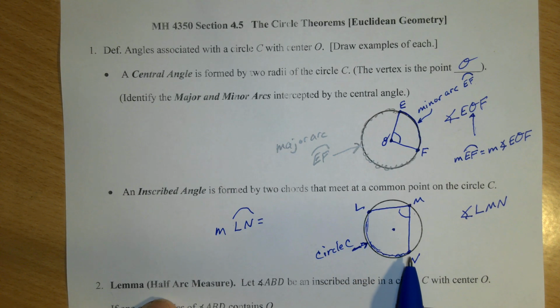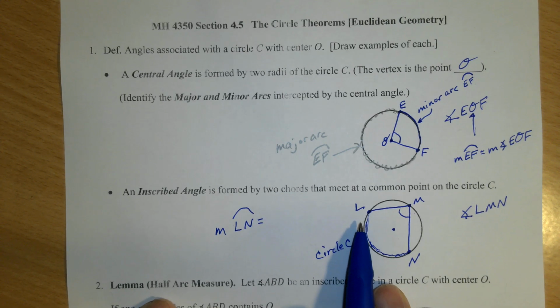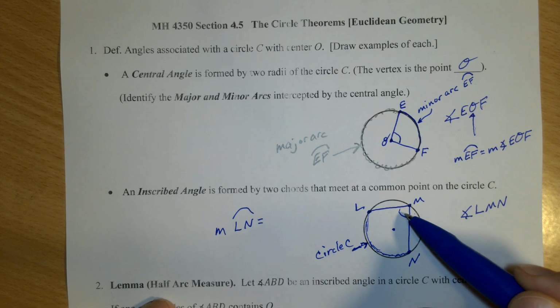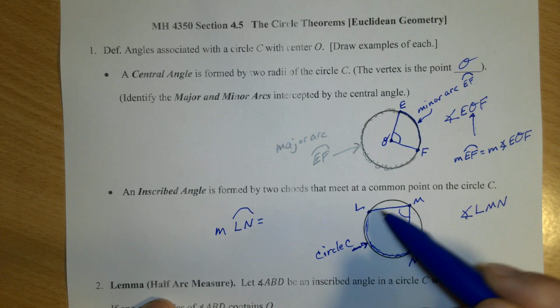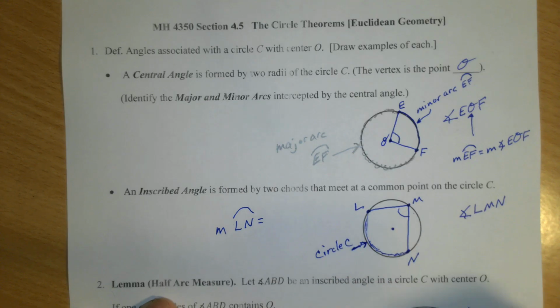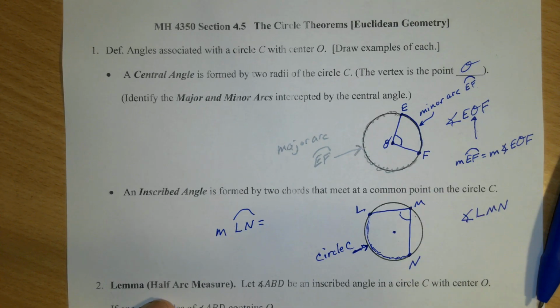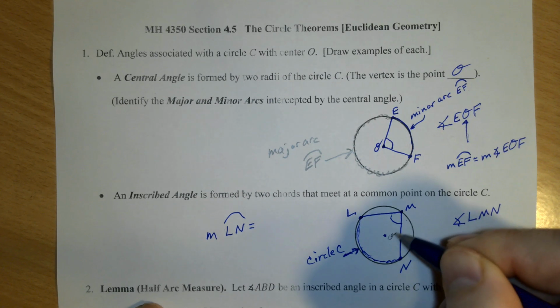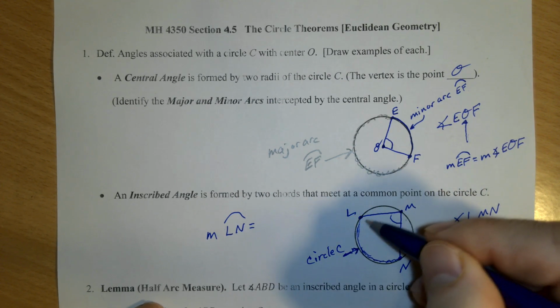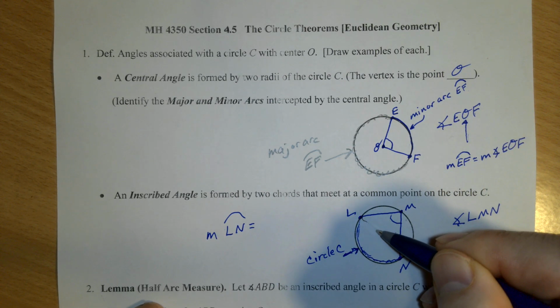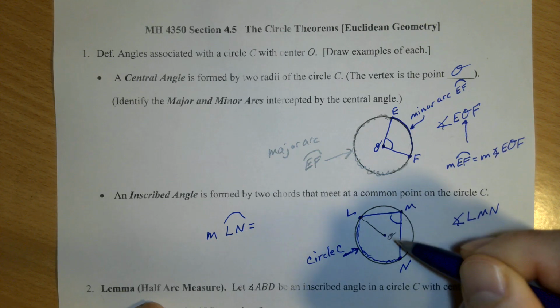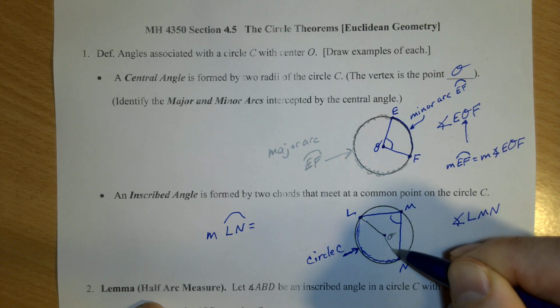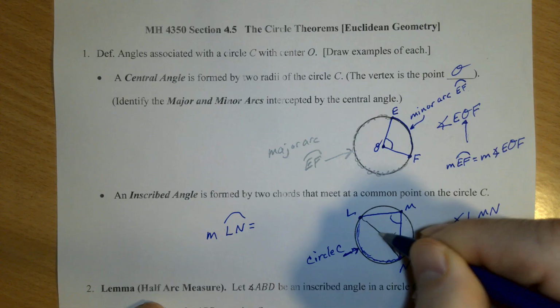How do you get that in degrees? Well, it's not the same as this angle because LMN is not a central angle. It would be this angle. We'll call that O, the center. Draw that line segment and that line segment, giving us this angle right here.